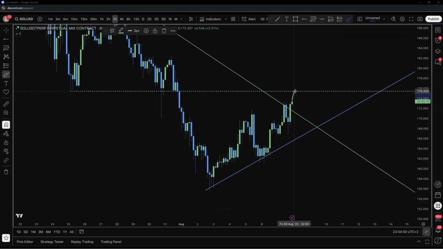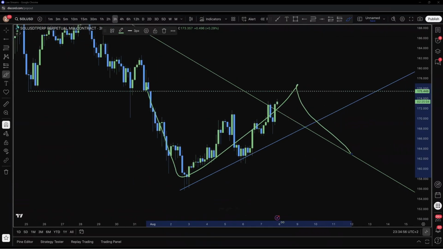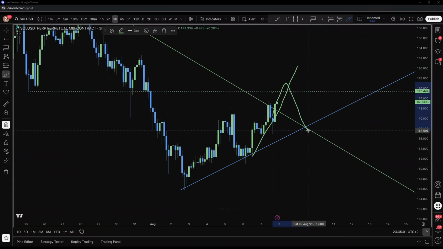So you're looking for the rejection off of here, this kind of break and retest type, at least to the trend line, or then maybe lose it even, and you have easy stop loss chances in that area, because if it blasts through, then yeah.